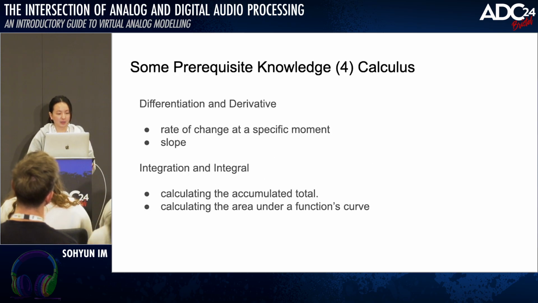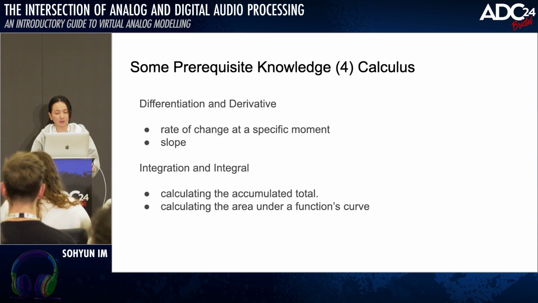And a bit of calculus, this basic concept will be very helpful for doing virtual analog modeling. So a derivative is a rate of change at a specific moment, and it can also be seen as a slope.